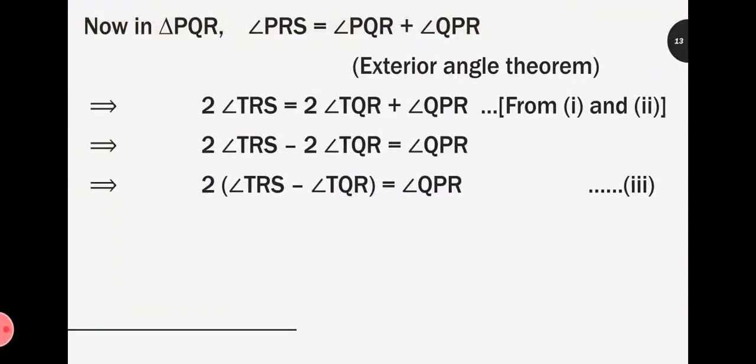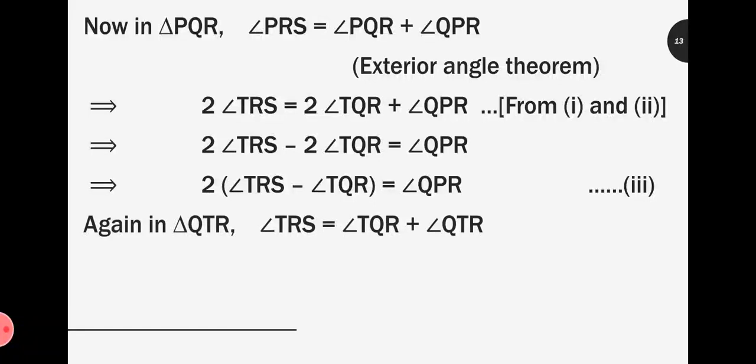Let it be number 3. Now further, again in triangle QTR, angle TRS is equal to angle TQR plus angle QTR. This is again according to the exterior angle property.